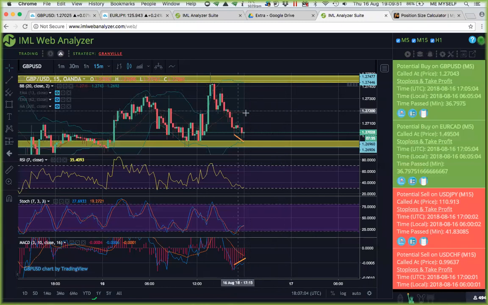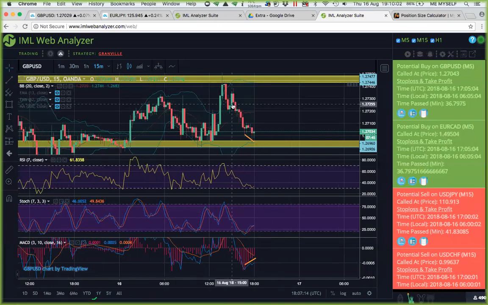This mid Bollinger Band line is a moving average, a 20 moving average line. All it means is these past 20 bars right here, an average of all of them plotted on one single line.